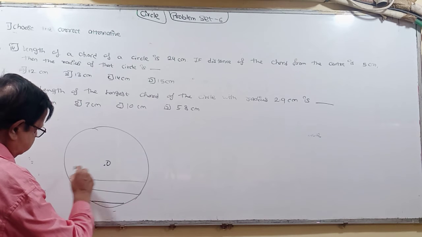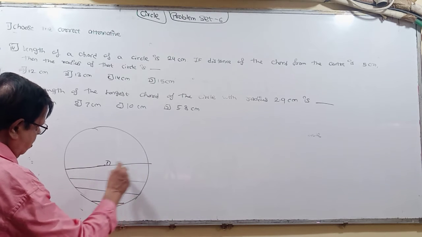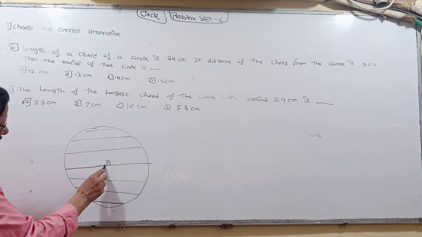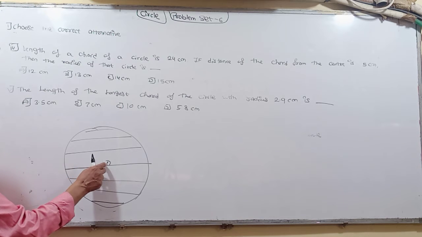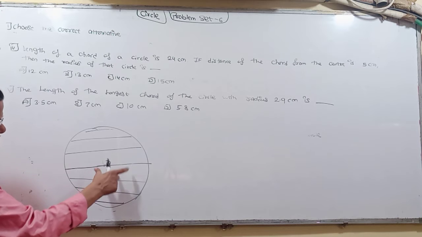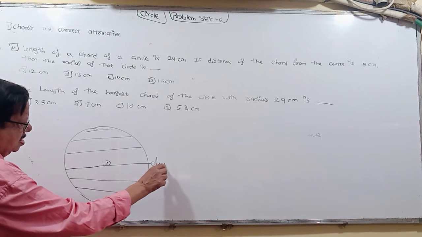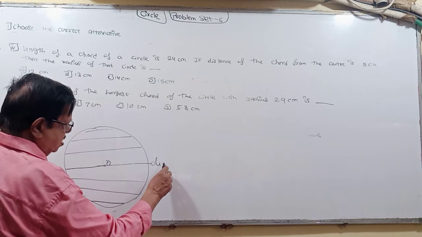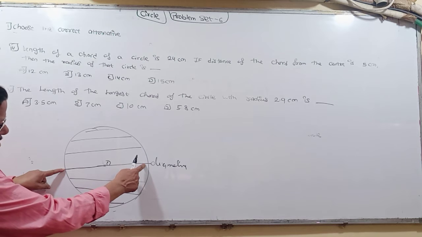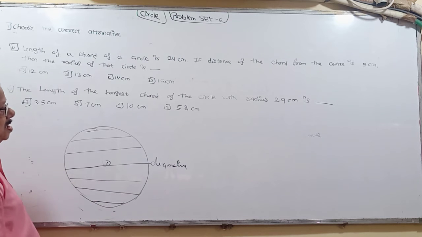Suppose O is the center, this is the chord, then it decreases. If I go away from the center, length of the chord decreases. This is smaller than this. So this is diameter. Diameter is passing through the center. So diameter is the largest chord. बाकी सब chord diameter से कम रहेगा. Largest chord is diameter.